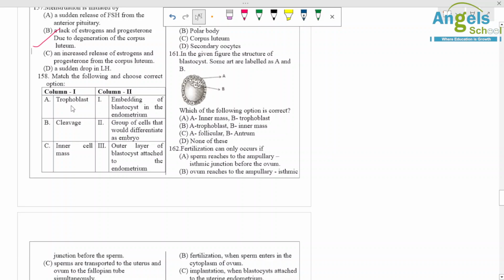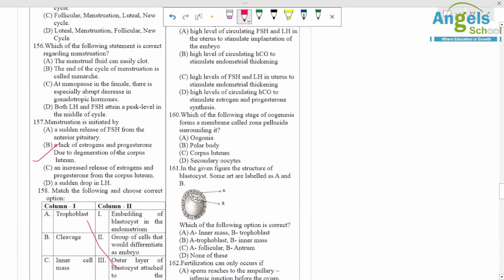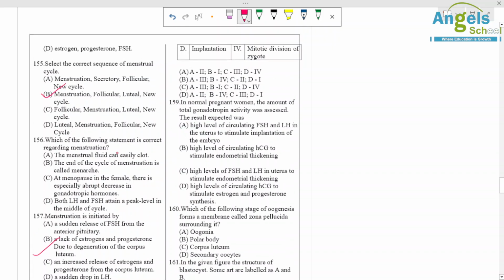Okay, question number 158. Match the correct option. Trophoblast, cleavage, inner cell mass. The trophoblast is the outermost layer of blastocyst. Then cleavage is a mitotic division of zygote.